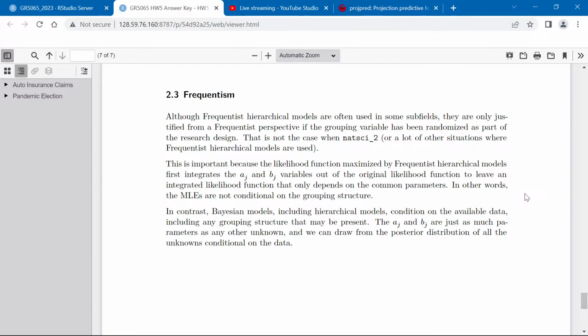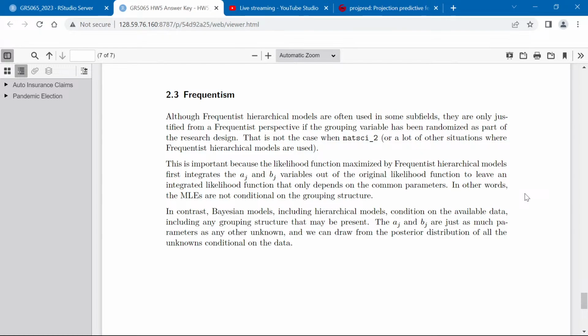And this distinction is drawn because when you do this with maximum likelihood, the likelihood function being maximized by frequentist estimators, so lme4 in R, Stata has a similar thing, SAS has PROC MIXED, to estimate a so-called mixed effects model that includes both random effects and fixed effects.